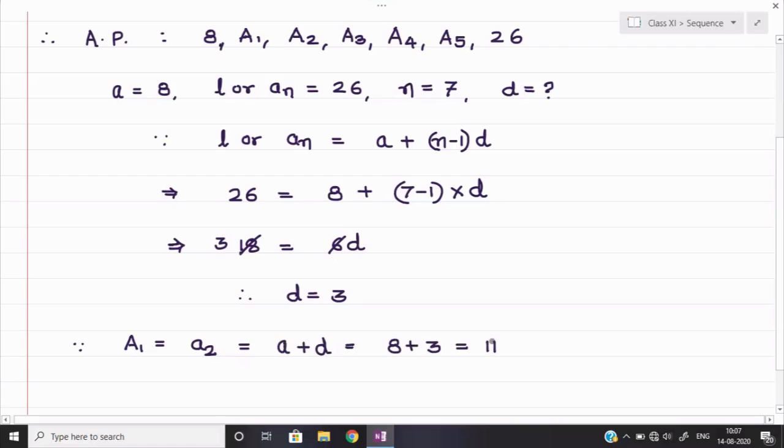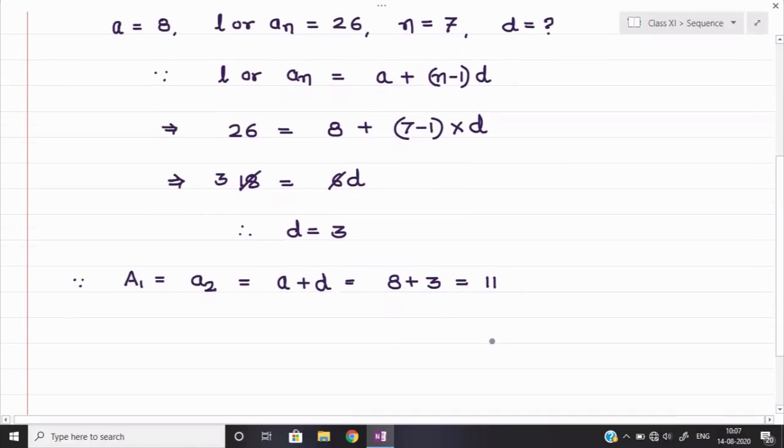Now see, similarly, we can write down the value of some other terms also without writing them in the form of a plus 2d, a plus 3d and so on. See how we can write down. Similarly, what can be the value of a2? a2 will be here the third term, and we know that the third term has the same common difference with the second term.